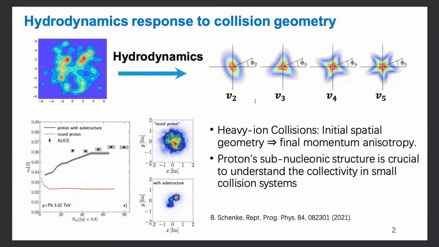And this is the energy or entropy distribution in the coordinate space, and hydrodynamics translates the initial state correlation in the coordinate space to the momentum space.